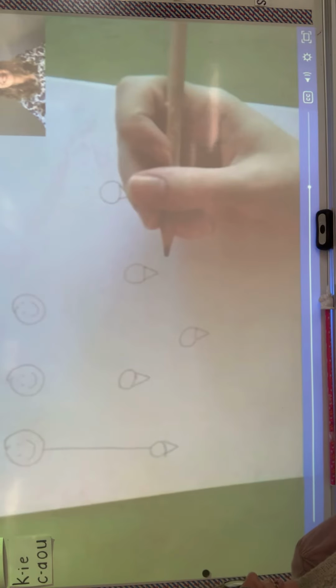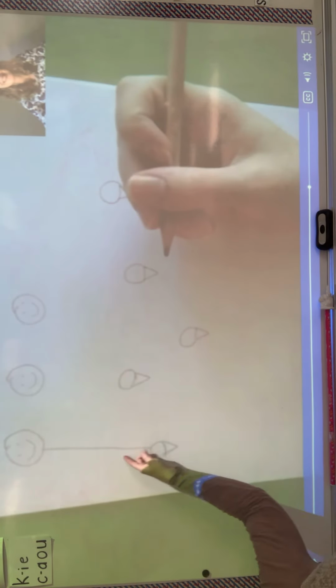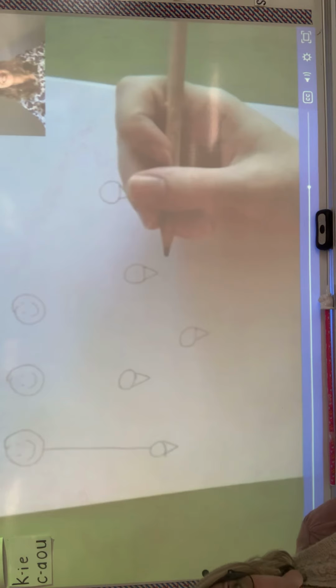Just like what she did here, you're gonna draw a line from your ice cream cone to your smiley face, to your student. Then I want you to raise your hand and tell me, are there enough ice cream cones? Or are there more or too many?